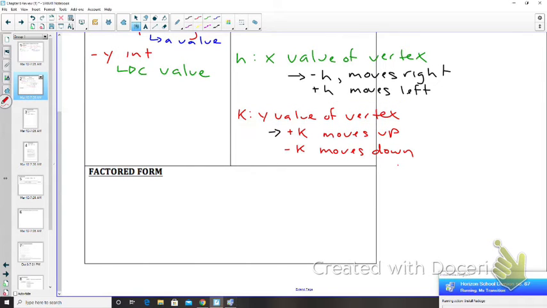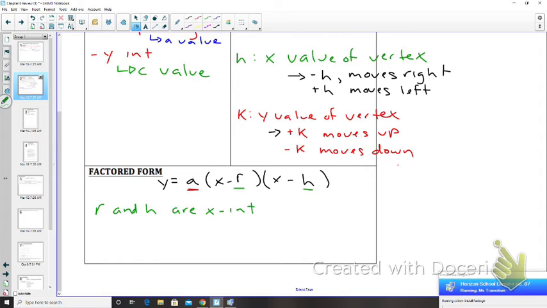We'll just hide that. Then we'll do factored form as well. So factored form, we have y is equal to a(x minus r)(x minus h). Again, A will tell us the direction of the opening. What do my r and h values represent? R and H are x-intercepts.